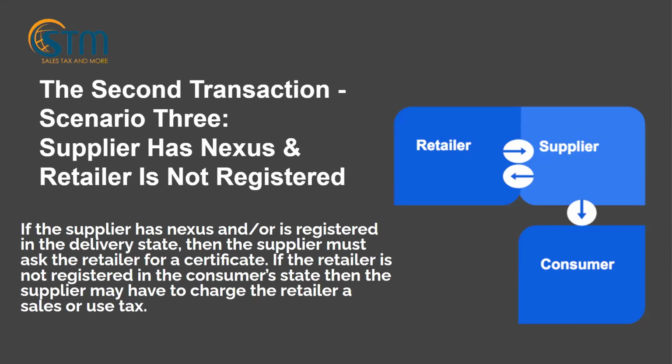If the retailer is not registered in the consumer state, then the supplier may have to charge the retailer a sales or use tax. Remember, going back to the basics, I must either charge the tax on a taxable sale or collect a certificate in lieu of the tax if I've got nexus and am registered in a state.